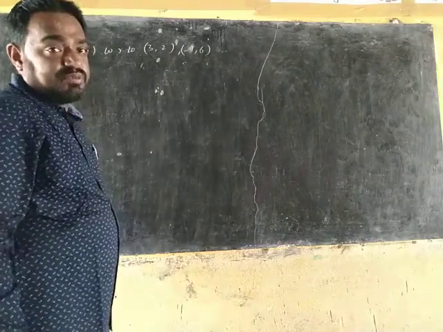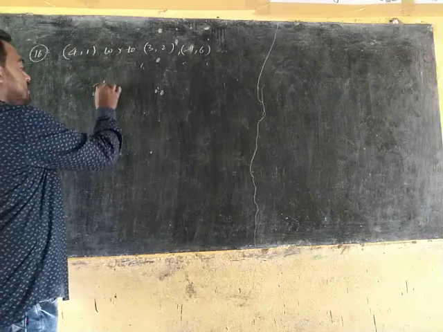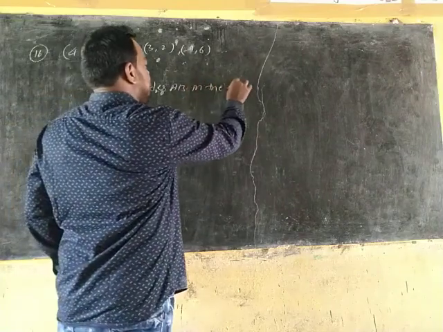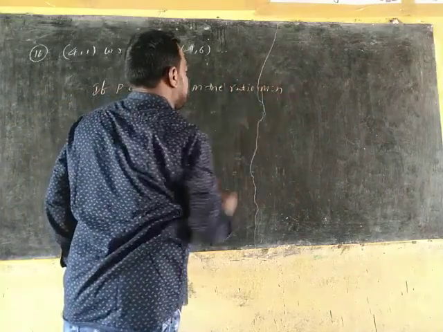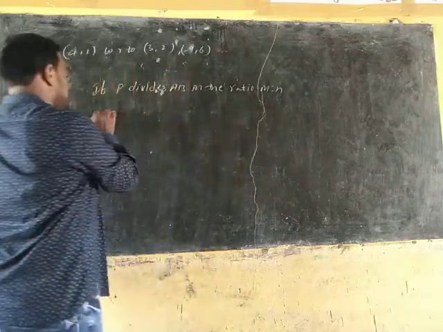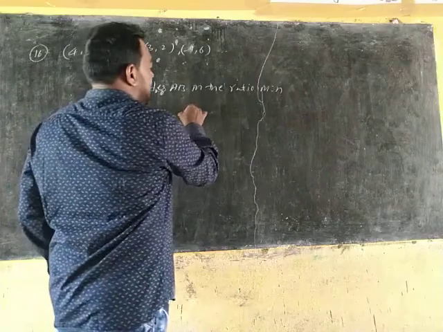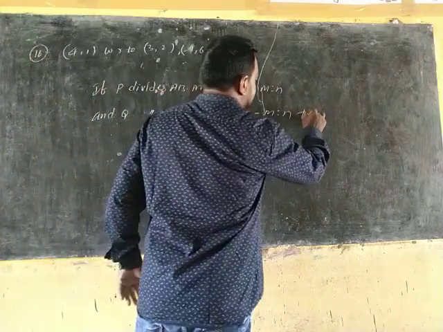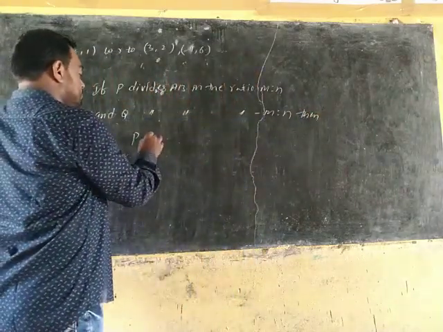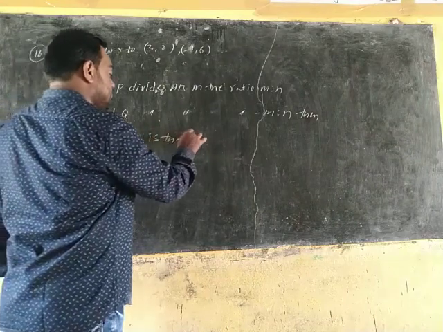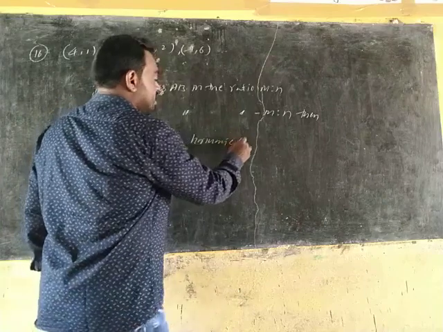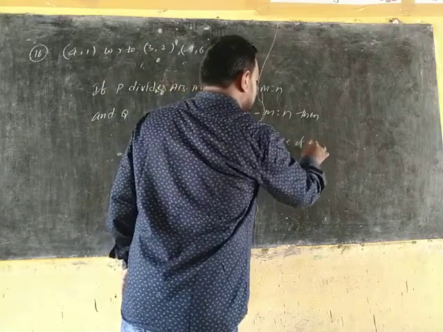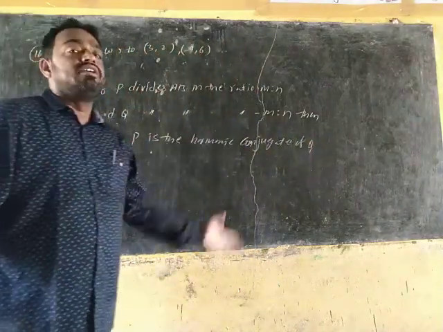Harmonic conjugate points means, you see the definition: if P divides AB in the ratio m is to n, and Q divides AB in the ratio minus m is to n, then P is the harmonic conjugate of Q. That means P, Q are harmonic conjugate points.